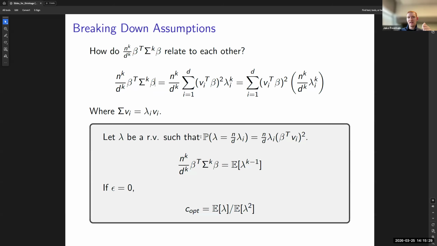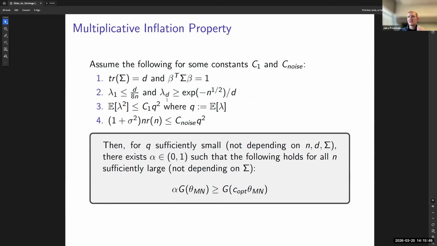In this case, because beta transpose sigma beta is 1, we can create an expectation, because we already have summation to 1 on the 0th moment. With that in mind, we can see that we are imposing a condition on how fast the second moment grows compared to the mean, or the first moment.